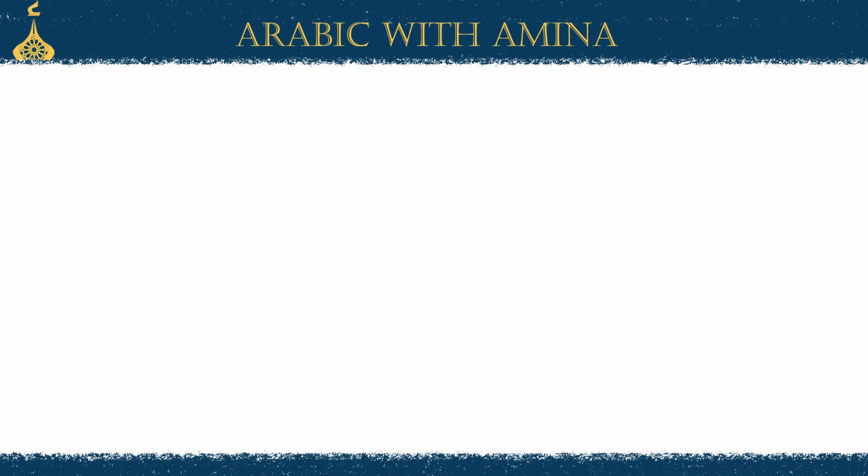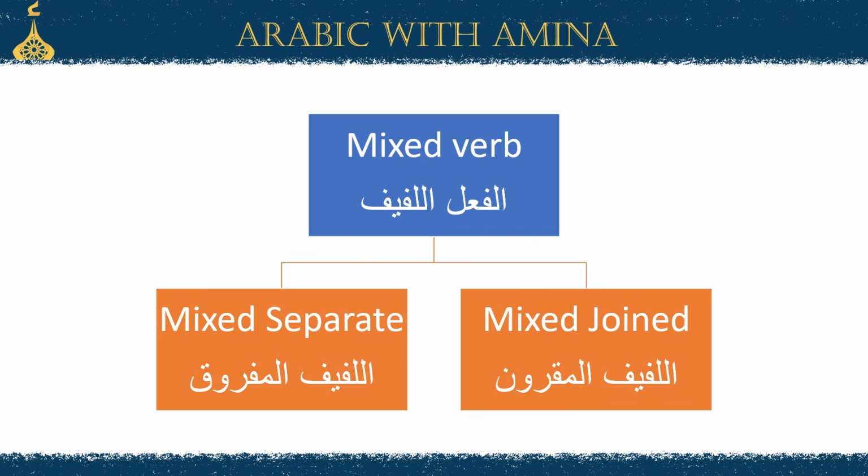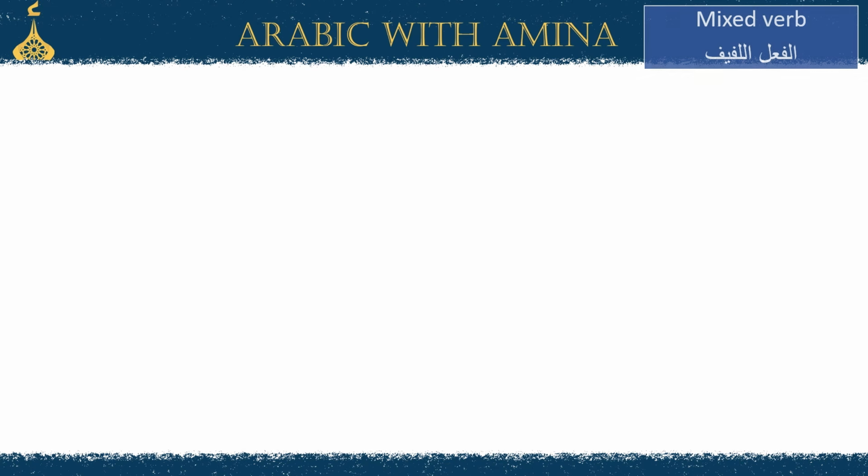And finally, the doubly weak verb, or the mixed verb, الفعل اللفيف. This type of verb has 2 weak letters in its root, and it can be split into 2 subtypes. اللفيف المقرون, the mixed joined, and اللفيف المفروق, the mixed separate.